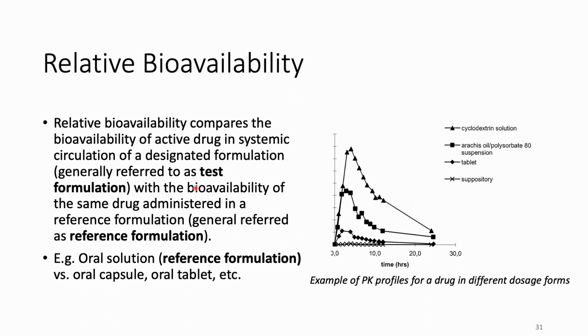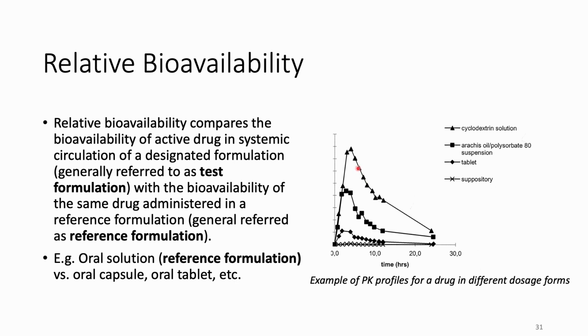In the figure here, there are different dosage forms of the same drug: a suppository, a tablet, a suspension, and a solution. As you know, the solution always has higher and faster absorption because the drug is already in dissolved form.